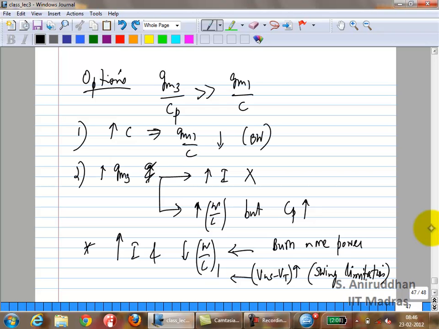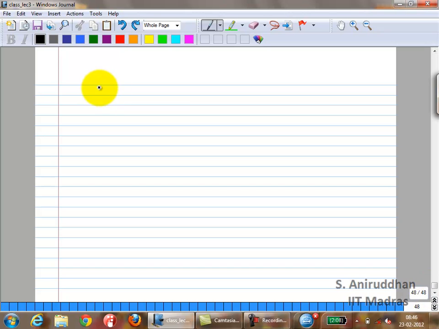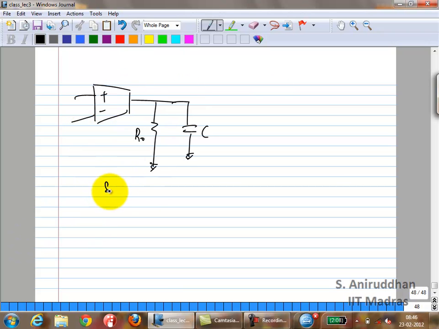Okay, so now let's go back to your single stage op-amp, top level. This is the single stage diff pair.